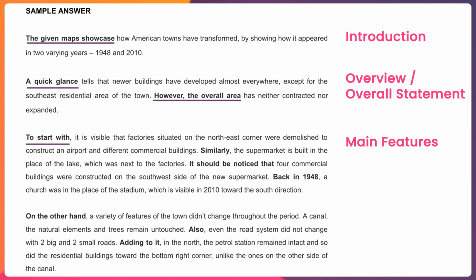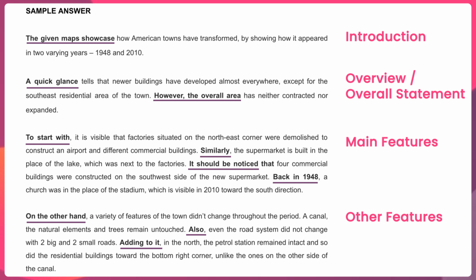Let's look into the phrases used here. For example, the third paragraph and the fourth paragraph have used different phrases, that is, to start with. Similarly, it should be noticed that back in 1948. Also, the fourth paragraph starts with on the other hand, also, adding to it.